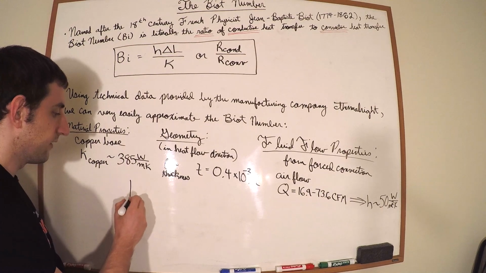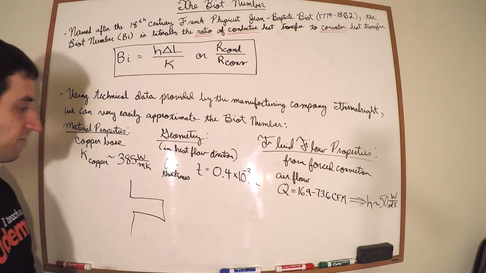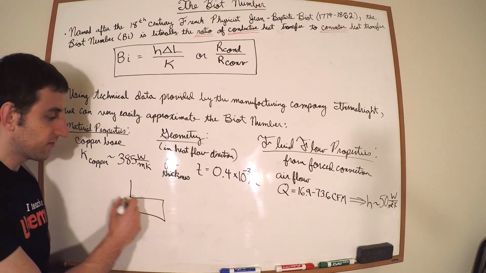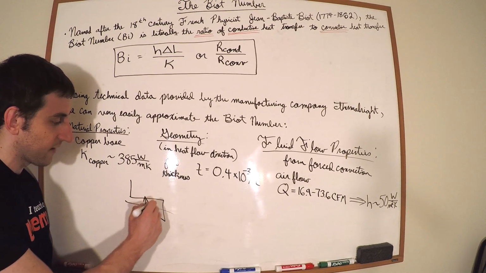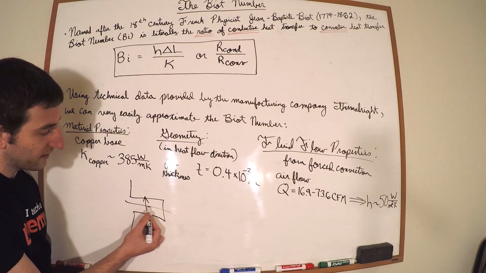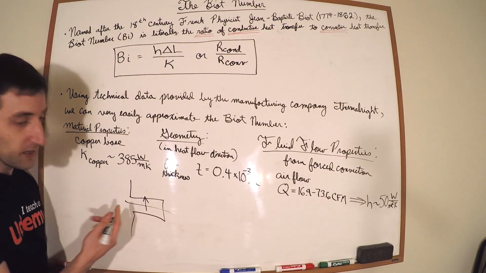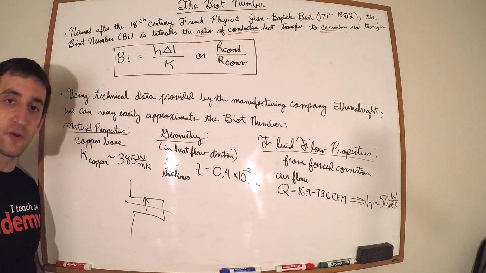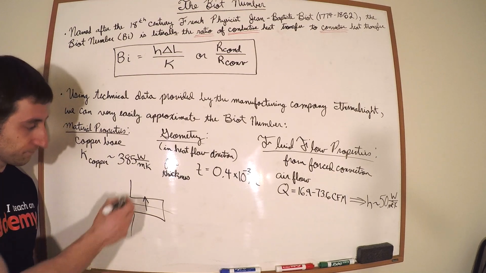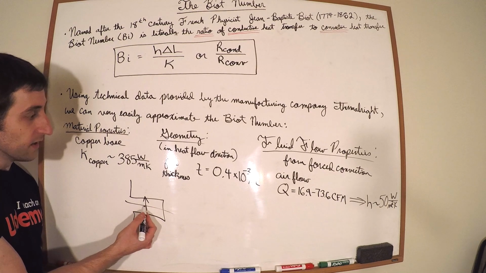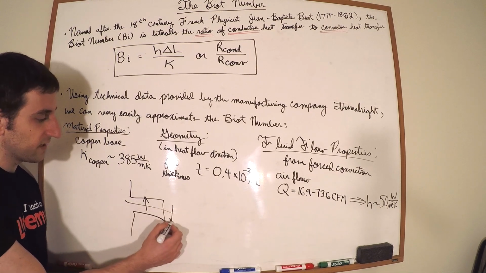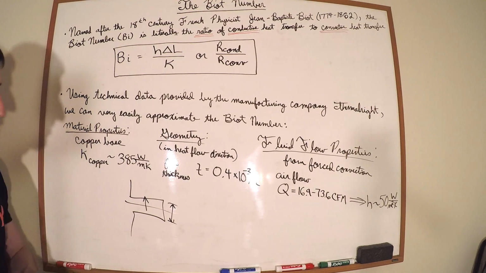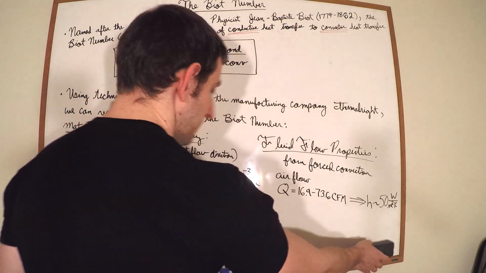So if we take the fin again, we're going to assume heat is flowing in this direction, perpendicular to this geometry. The reason why will become evident later in the video when we start doing the actual thermal analysis. But using this, we know that we need the fin thickness, which is thankfully provided in our documentation.